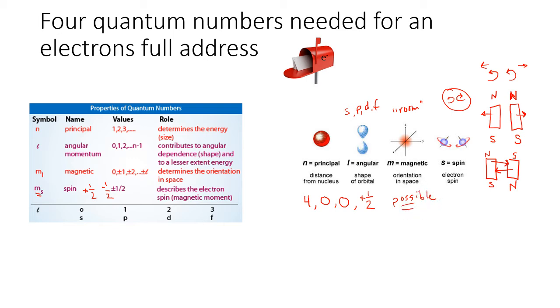That's a legit set of quantum numbers. That's the 4 quantum numbers I would need in order to talk about a particular electron. So we'll practice this, as I said, in the next video. There's a picture of spin, in case these pictures up here don't make any sense. These are electrons spinning in opposite directions, creating a north-south and a south-north orientation.